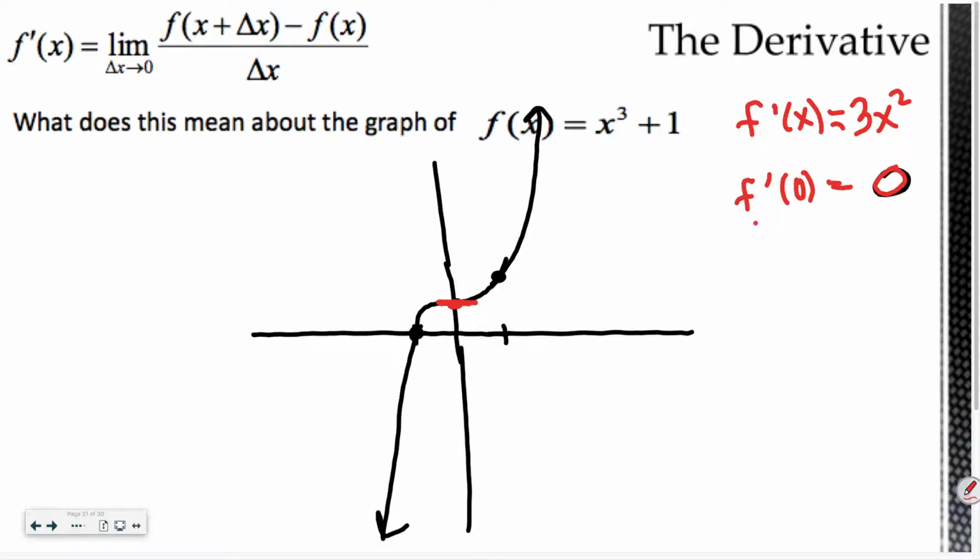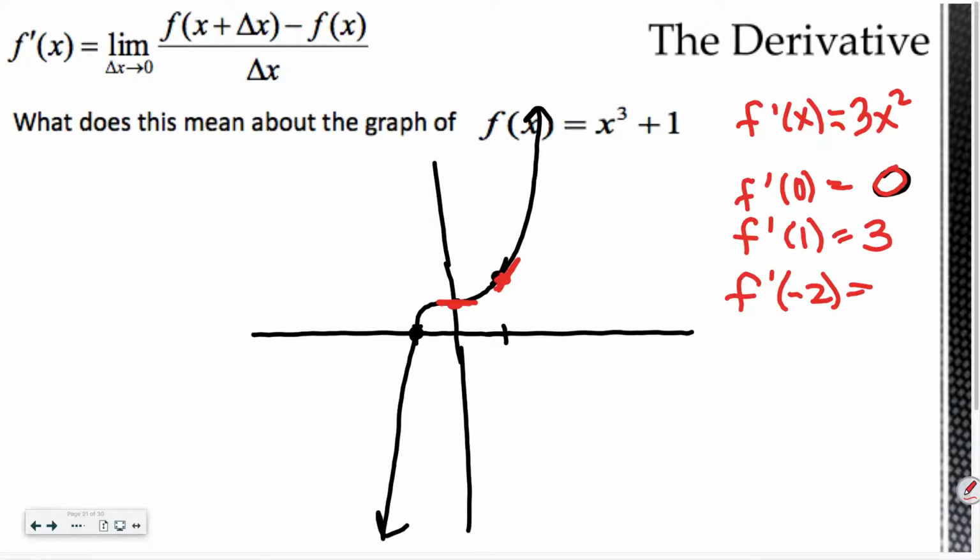Right? What about this? F prime is what I'm saying. That means derivative. F prime of 1. When we plug 1 into 3x squared, what do we get? We get 3. At 1, we have a slope of 3 for our tangent line. What about f prime of negative 2?